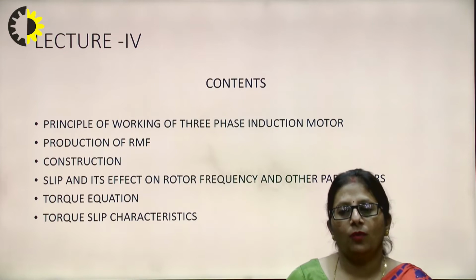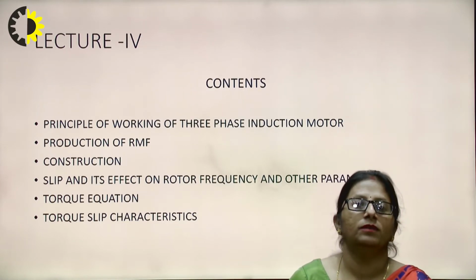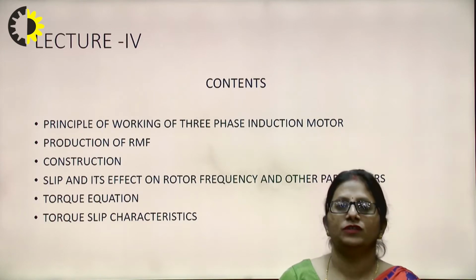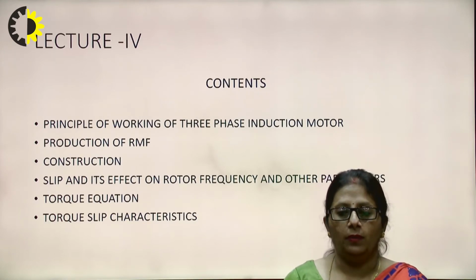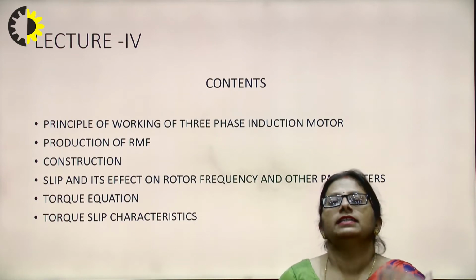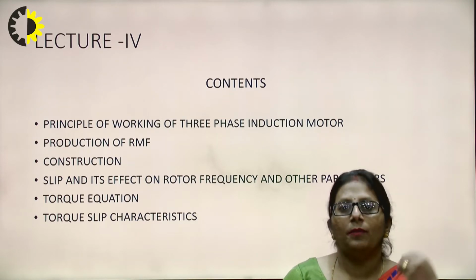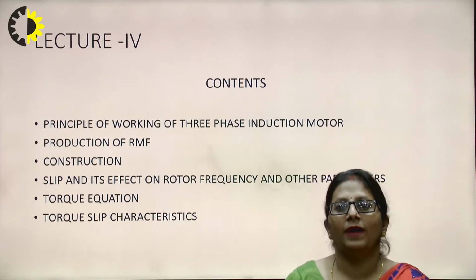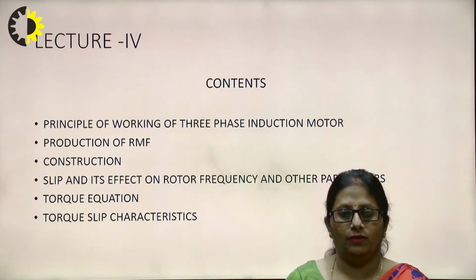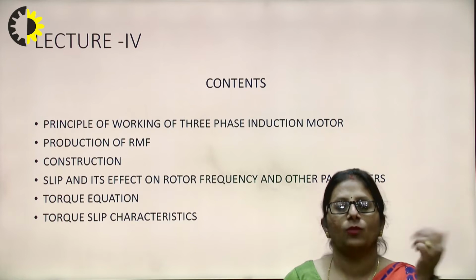Based upon that, we have seen that among the DC shunt motor, DC series motor and the compound motors, the maximum starting torque is produced by the DC series motor, where the torque is directly proportional to the armature current square.